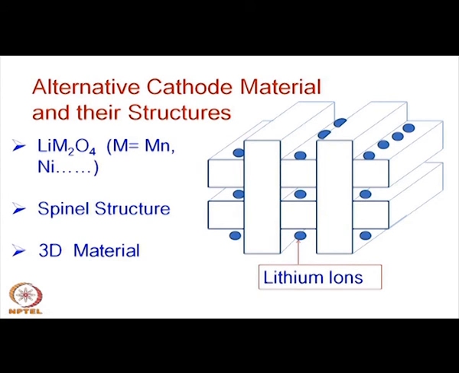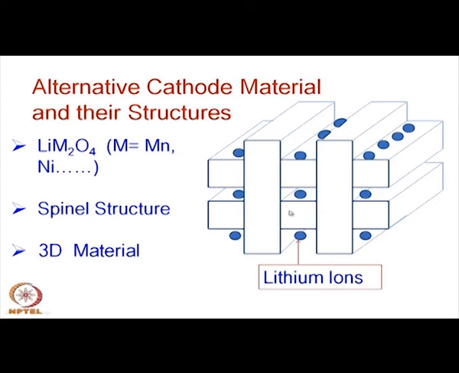It is not exactly a layered structure, but it is a more compact structure. However, there are some sites where lithium can go and place itself. This is what is called a 3D material, because they are not fully layered. You can see this is layered, but there are cross layers also. Okay. So, these are also M2O4 structures, in which lithium can go inside.